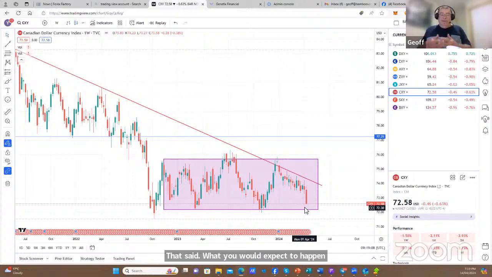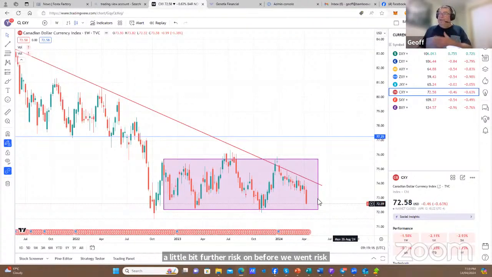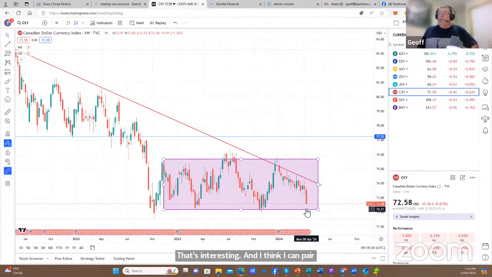In other words, we went risk off, but we went a little bit further risk on before we went risk off. That's interesting. And I think I can compare that to the CAD. The CAD goes to support before it rallies on the back of oil, perhaps. That's what's in my head.